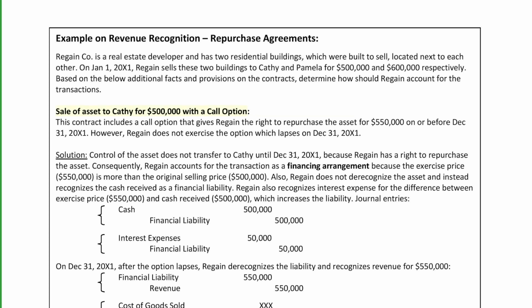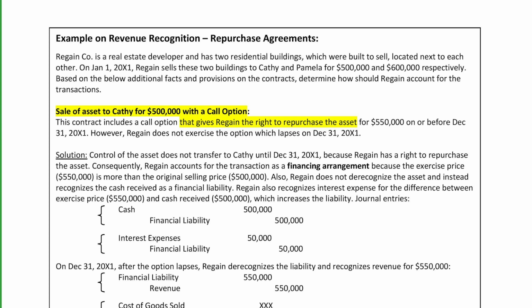So the first one, sale of asset to Kathy for $500,000 with a call option. This contract includes a call option that gives Regain the right to repurchase the asset for $550,000 on or before December 31st. However, Regain does not exercise the option, which lapses on December 31st.